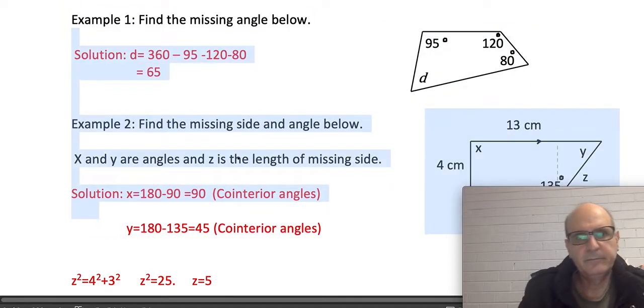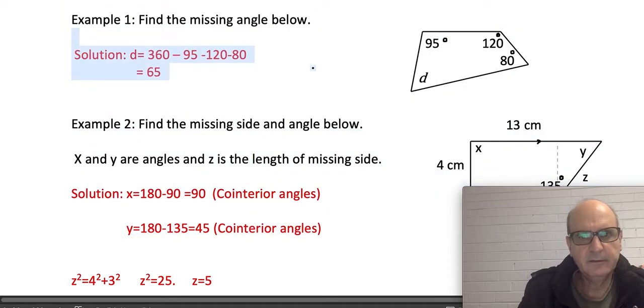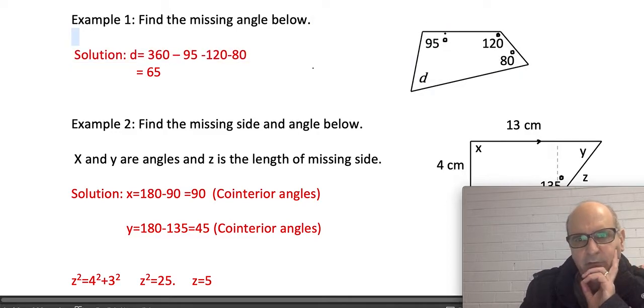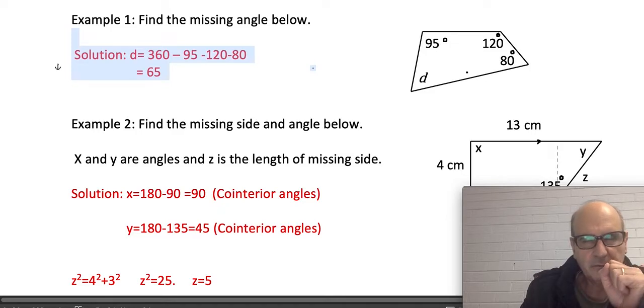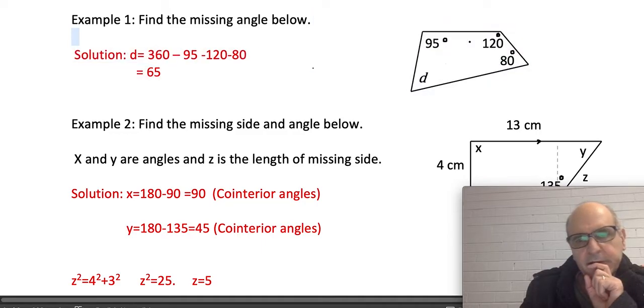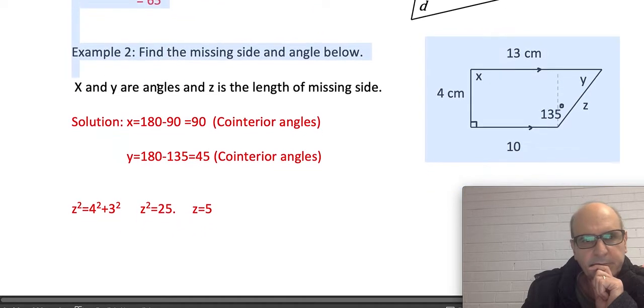Okay, this angle is 95 degrees, this is 120 degrees, and this is 80 degrees. And we want to find this angle D. Because the angles in a quadrilateral, it doesn't matter what type of quadrilateral it is, always add up to 360. So then D is equal to 360, take away 95, take away 120, take away 80, which gives us 65.